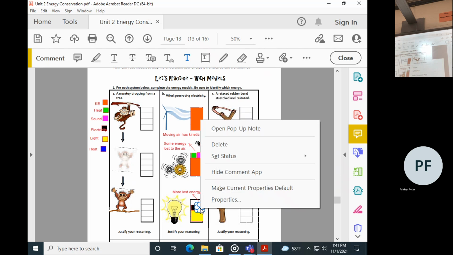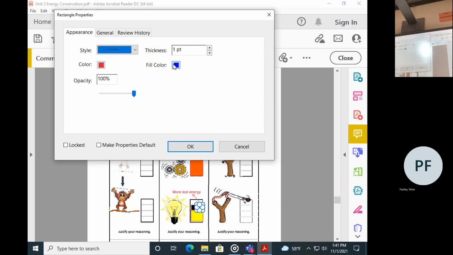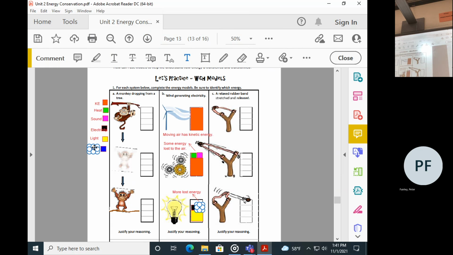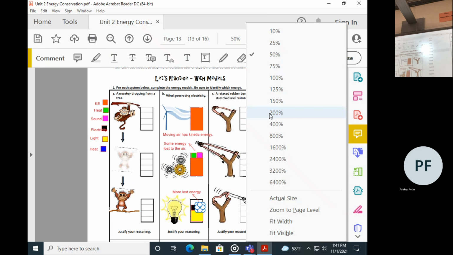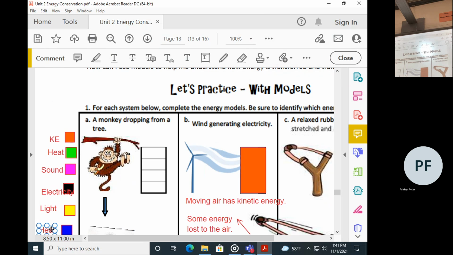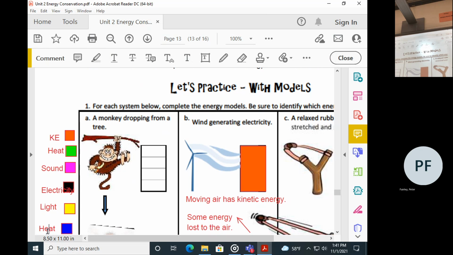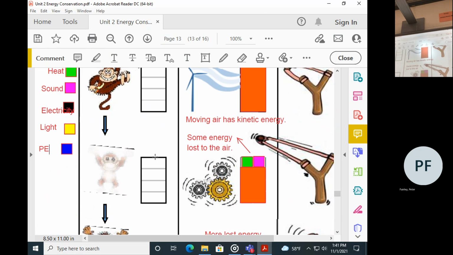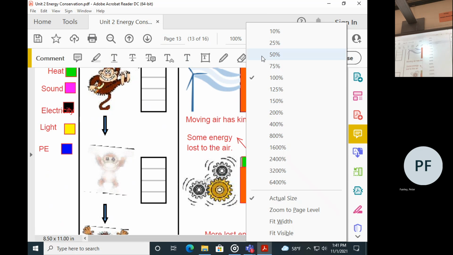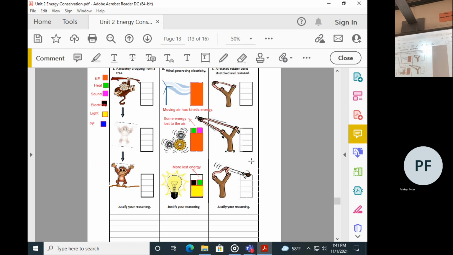This one should be the same as the previous one, shouldn't it? And I never made kinetic energy, so I'm just going to change this one to kinetic energy. Yeah, you didn't make kinetic. Oh, I didn't make potential, huh? Oh. There we go. Because I didn't do the monkey one. I didn't have any potential yet.